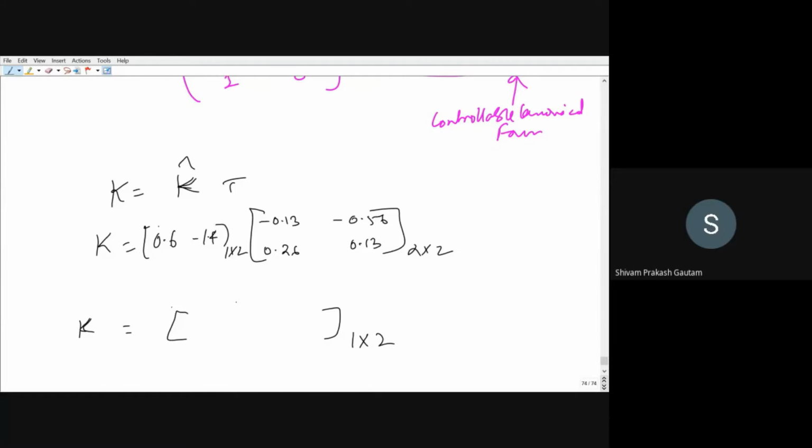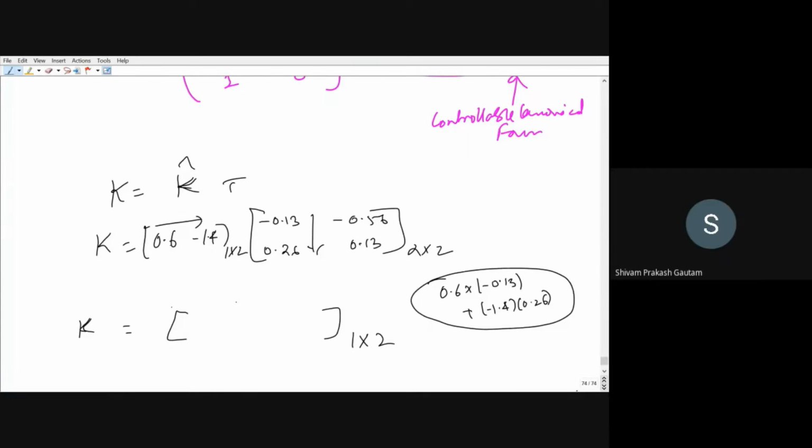So solve for this. This row multiplied by this column. So 0.6 multiplied by minus 0.13 plus minus 1.4 multiplied by 0.26. Calculate this value.